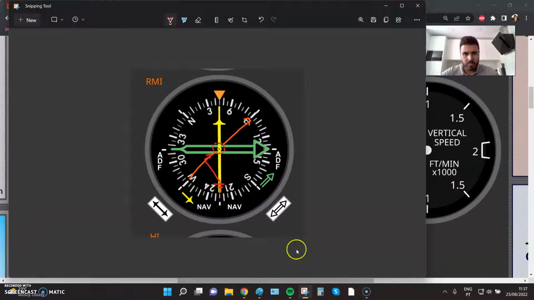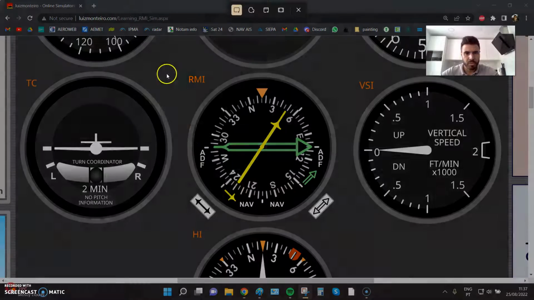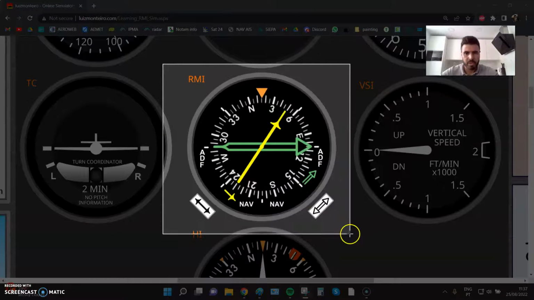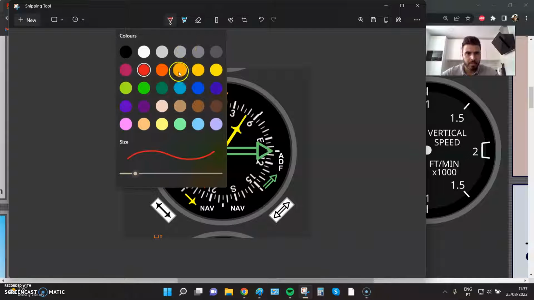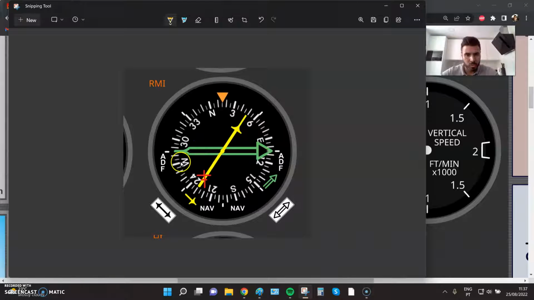Basically, let me do a new one. Basically, what is happening right now is that, once again, I'm an aircraft here over this line of position going up, and the line that I want is this one here.